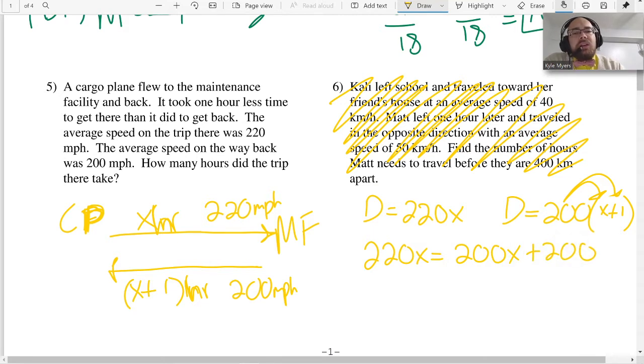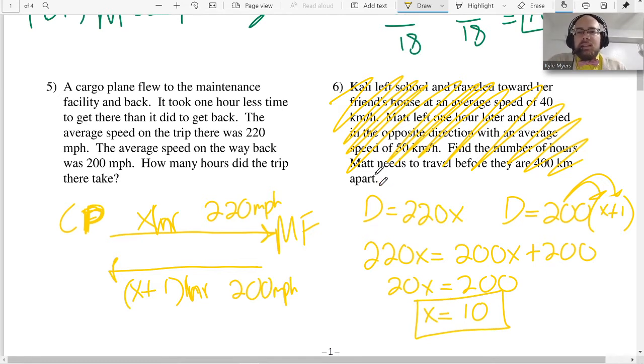Then we're going to subtract 200x from both sides. So we get 20x equals 200. And then we divide both sides by 20, and you get 10. All right, so x equals 10. There we go. Done and done. So the trip there took 10. The trip back took 11.